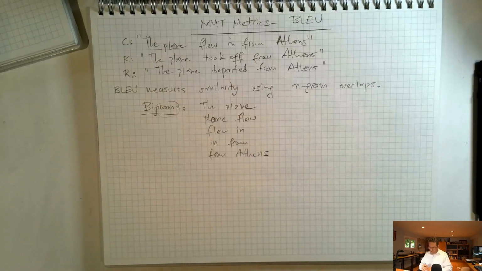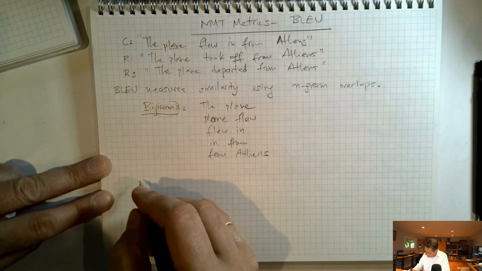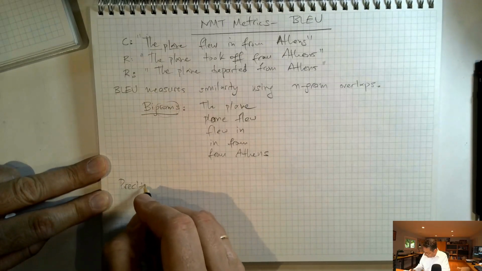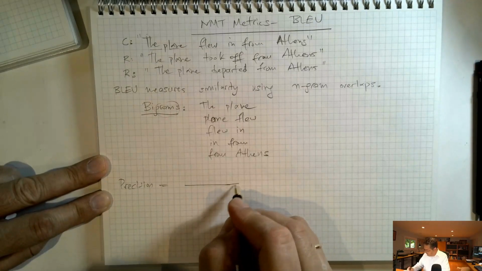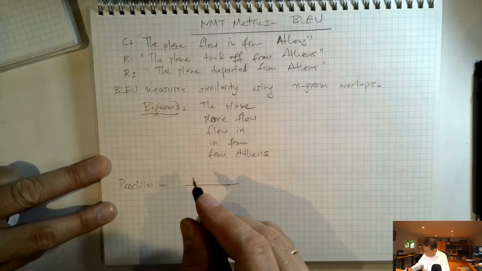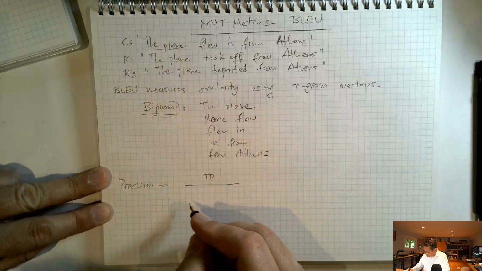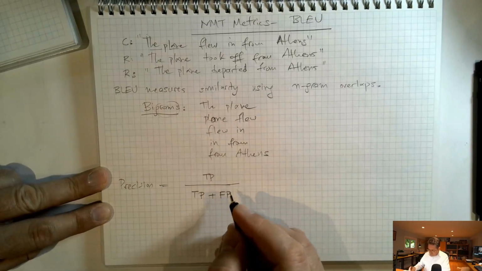So now that we have formed these bigrams, we will be forming the usual kind of precision metric, which, if you recall from the binary classification video, we know it is the true positives divided by true positives plus false positives.